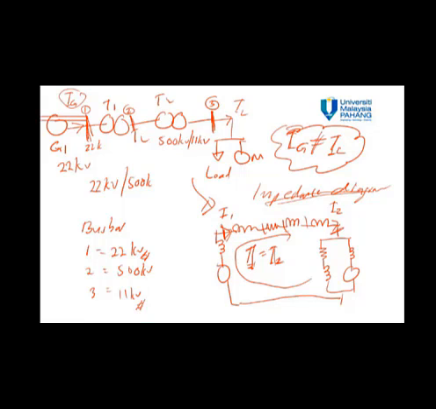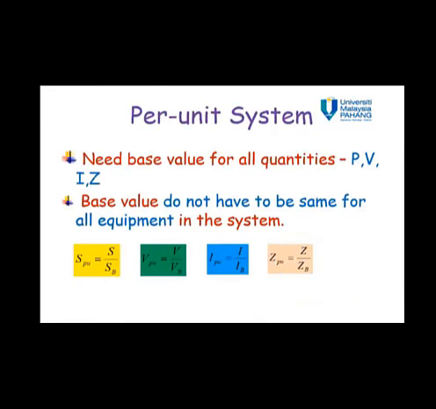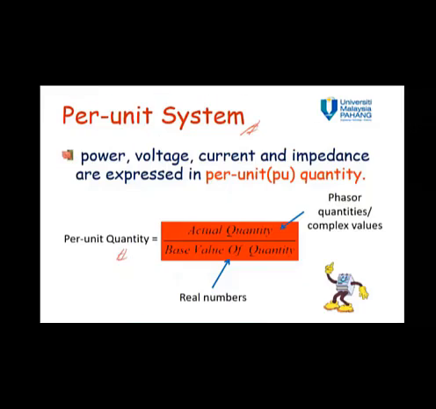So that's why we have to normalize all the values by using the per unit values. Okay, so this is how we do it. First, we have to convert all the power system quantities into per unit quantities. How do we convert a quantity into per unit?